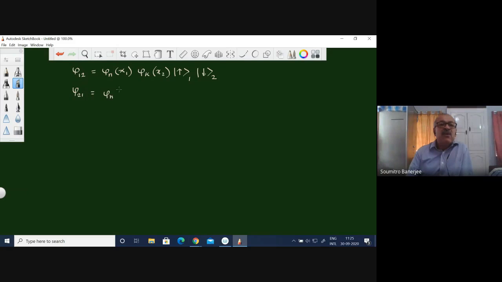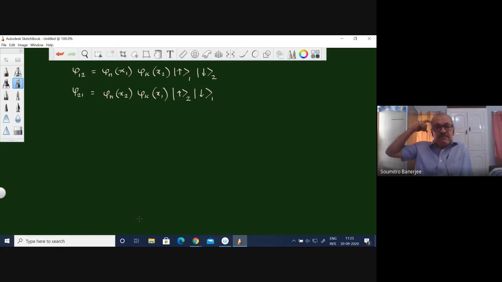Psi n will be the state of x2, and psi k will be the state of x1, and this one will be up 2, down 1. This is definitely not the same as this. So whatever we did in the last class, this does not suffice in representing identical particles.